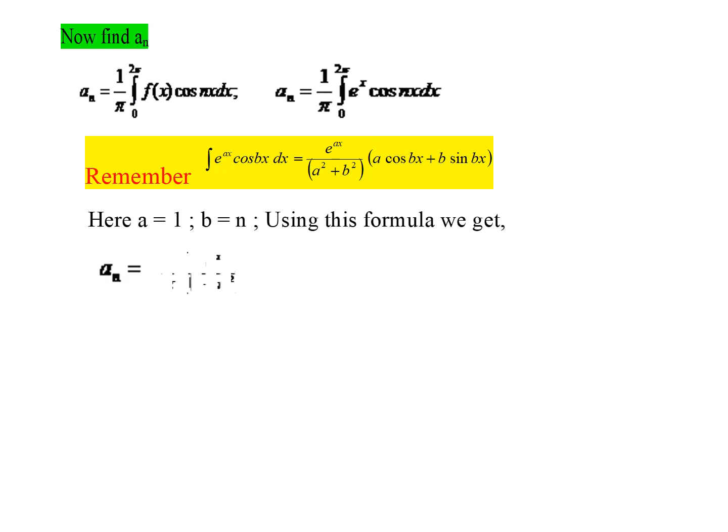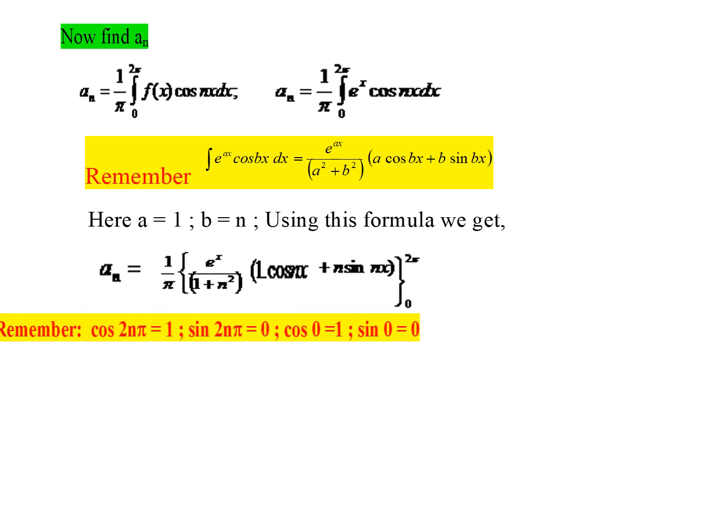We will get 1 by pi, the first term e power x divided by 1 plus n squared, because a is 1 and b is n, into 1 into cos nx plus b into, what is b? n into sin nx. So this is the integration, and we have to apply the limit from 0 to 2 pi. Before applying the limit, let us have a glimpse at the basic values. Cos 2n pi is going to be 1, sin 2n pi is 0, cos 0 will be 1, sin 0 will be 0.